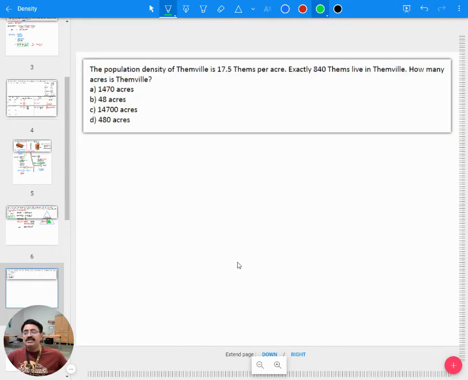The population density of Thamville is 17.5. So here the density is given, 17.5 thems per acre. Let me write the details first. Density is given as 17.5 thems per acre, and exactly 840 thems live in Thamville.